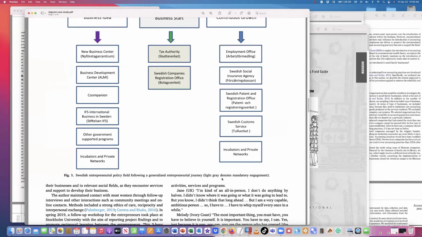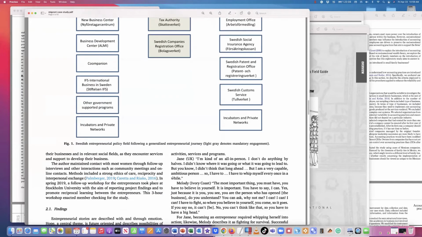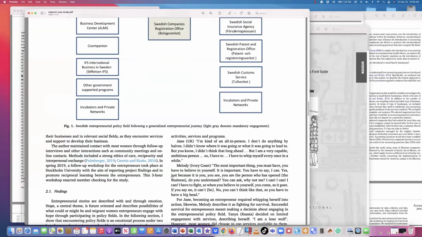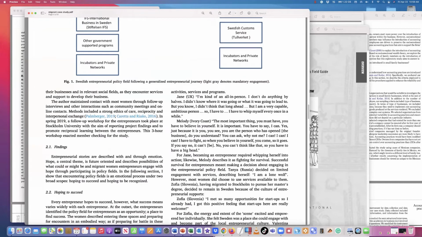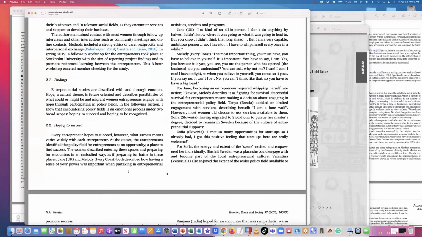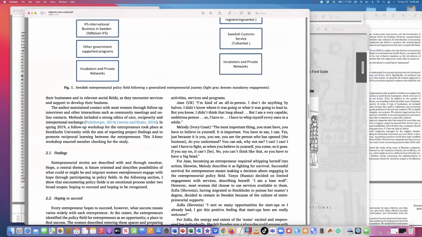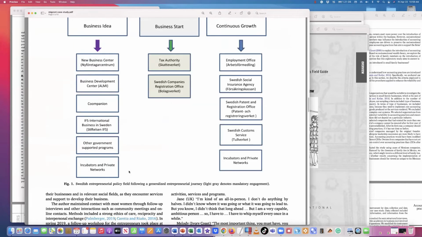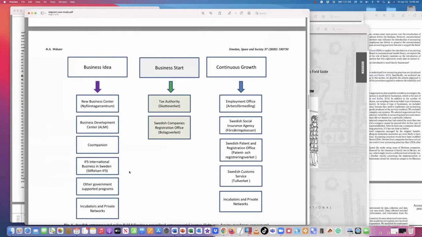So this is the Swedish entrepreneur policy following a generalized entrepreneurial journey. So what it's doing here is what is called life course history, to be able to generate entrepreneurial stories. This one is more likely to be classified as a lived experience, because you're talking about the women and what they went through. So you are going to phenomenology, but in this one the women are giving an account.